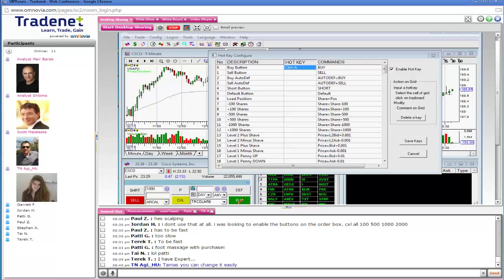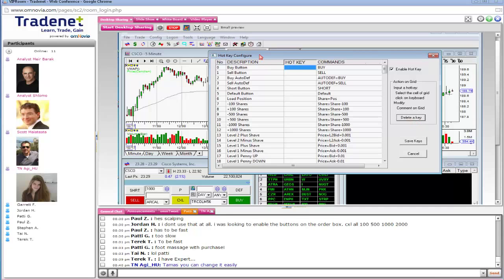So for example, I can always assign F2, F3, any combination of keys I want in order to have a buy button, but it actually can be much more sophisticated and much more complicated. In order to delete a key, all we have to do is a left click on the hotkey, highlighting it, and click on the delete button.